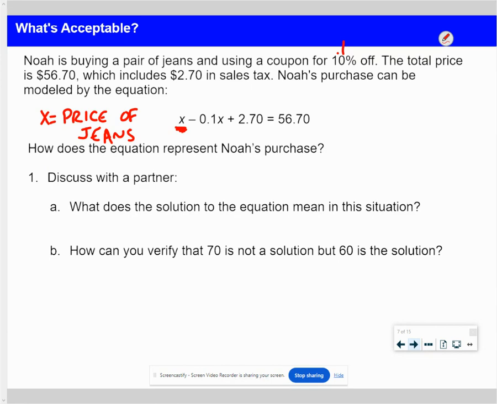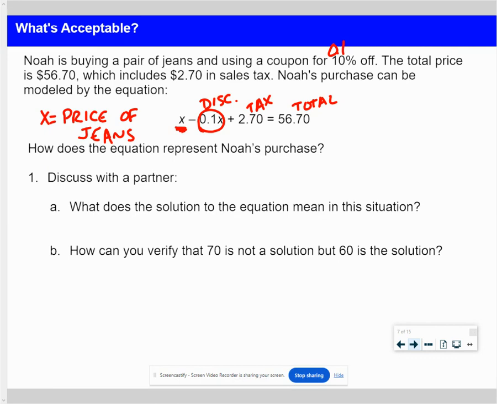We move our decimal over 2 places, so 0.1. So that's saying I'm going to take 10% of the price. This is the discount right here. And then he has to pay sales tax. That's the $2.70. That's my tax. And we've got the total over here is the $56.70. Okay? So that's what all the parts of the equation are.